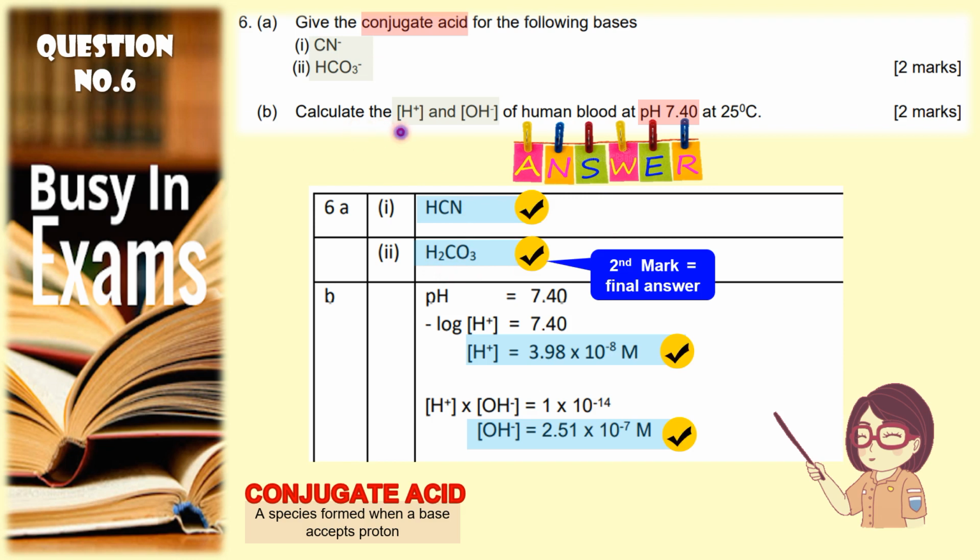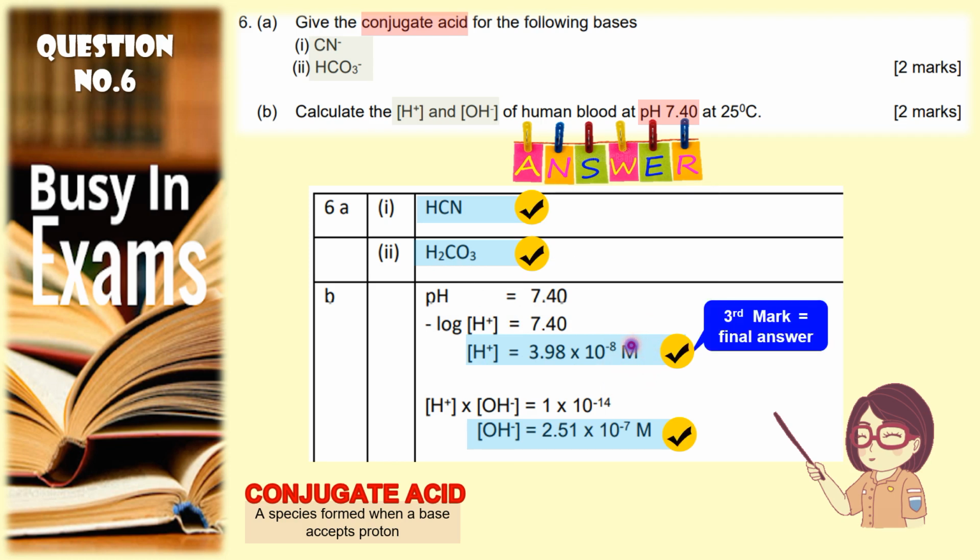Okay, calculate the concentration of H plus and OH minus of human blood, pH 7.4. First of all, we know that the formula here is pH equals negative log concentration of H plus. So just substitute the value of pH, then we get the concentration of H plus ion. Remember, the unit should be in molar. So this is the mark number 3.